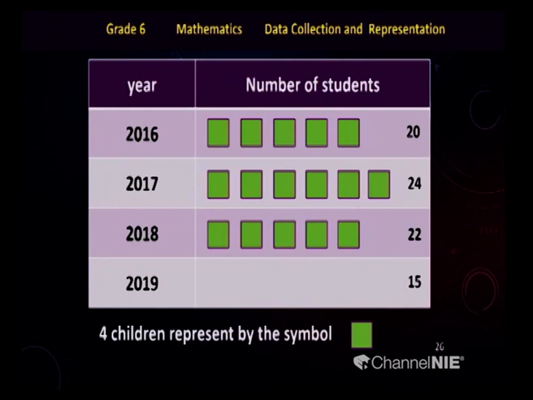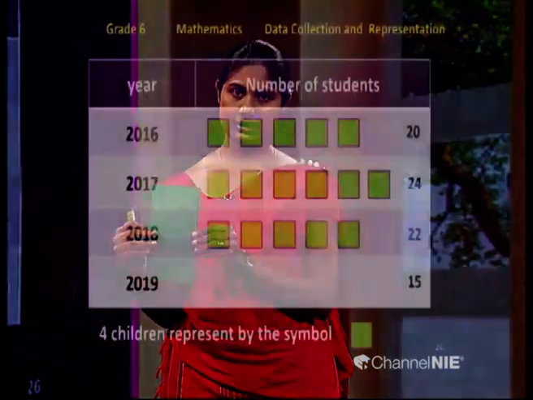Then I am considering 2018. There are 22 students we have to represent. We can divide 22 by 4 and the answer is 5. Then what about the other 2 students? If I use this square to represent 4 students, using half of this square we can represent 2 students.